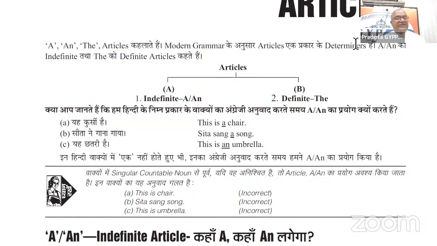So write down, an article is a determiner that defines singularity or specificity of a noun or a group of nouns.